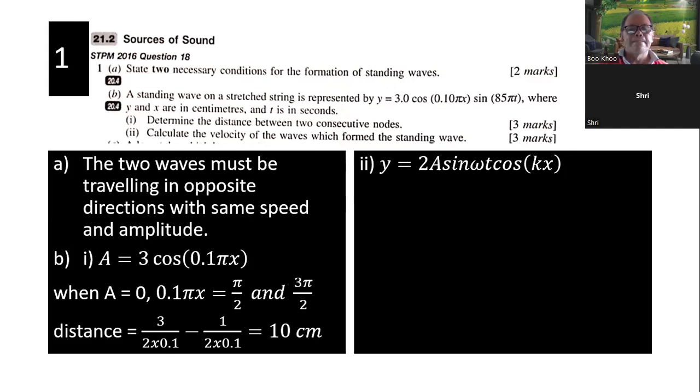V equals omega over k. We already know what the omega is, 85 pi. Omega over k. How do you get that?